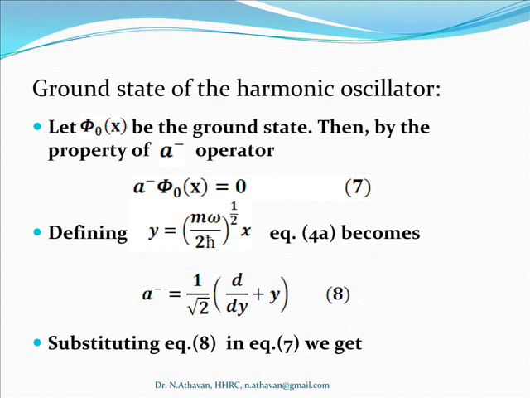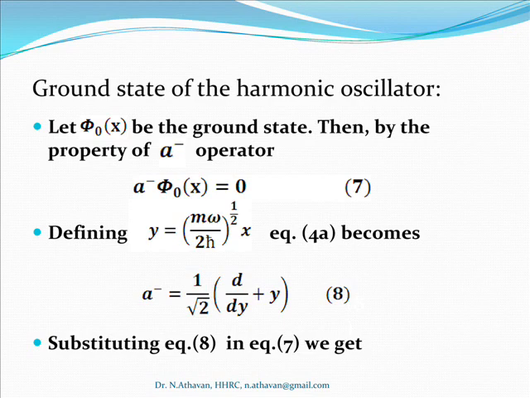Then by the property of the A minus operator, if A minus operates on an eigenfunction, it makes the eigenstate jump to the lower state. When phi 0 of x is the ground state, that is the lowest possible state, then one can write A minus phi 0 of x is equal to 0.